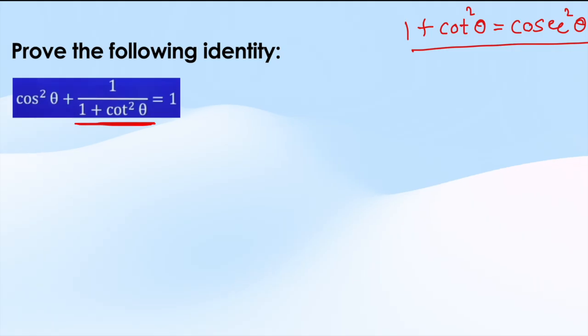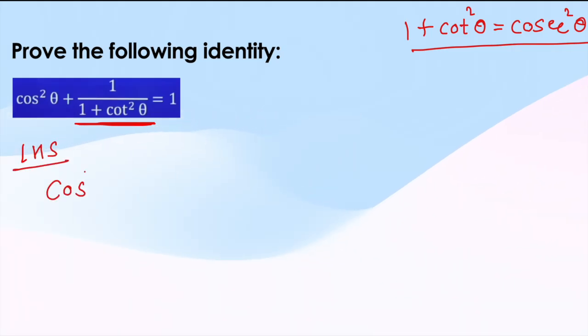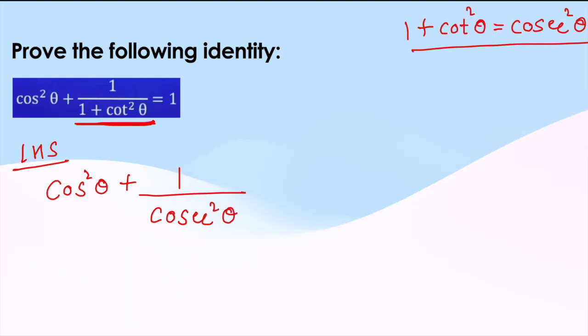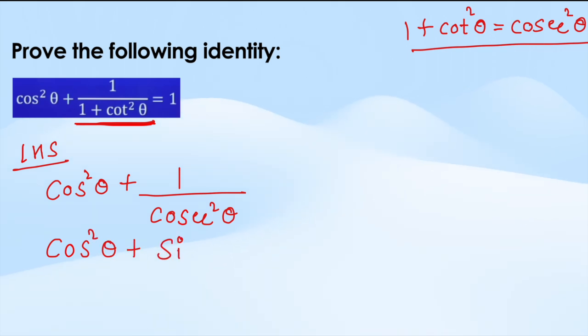Let's see what will happen. So here in the LHS I can write cos square theta as it is, and in place of 1 plus cot square theta I can put cosec square theta, right? Now see, what is 1 by cosec square theta? That is sine square theta. So cos square theta plus sine square theta.